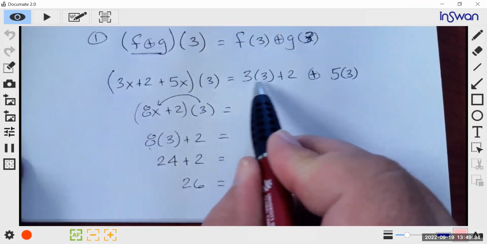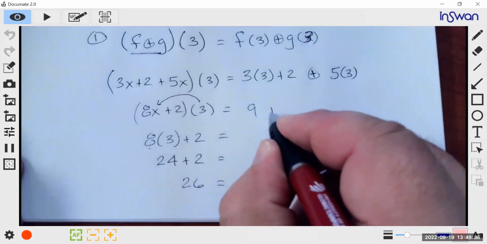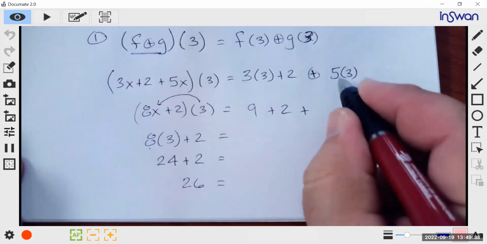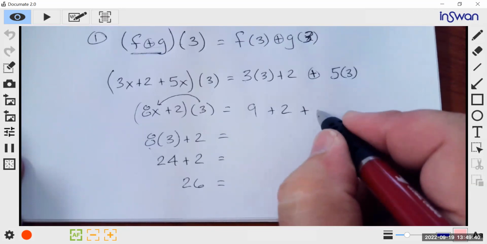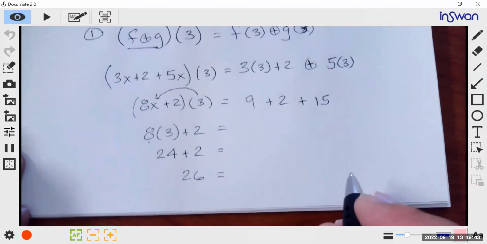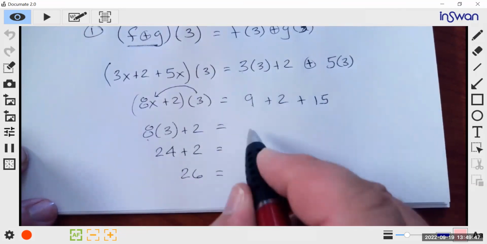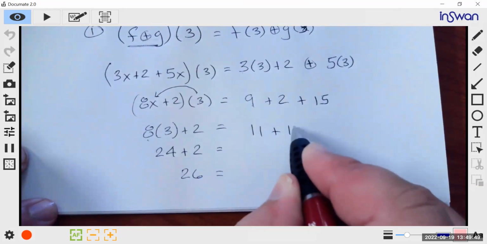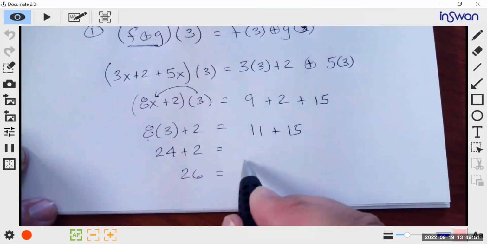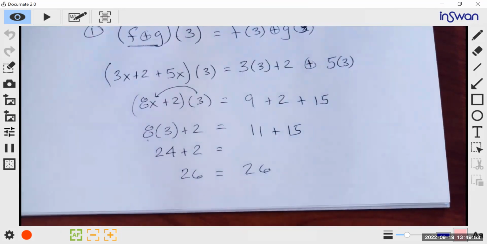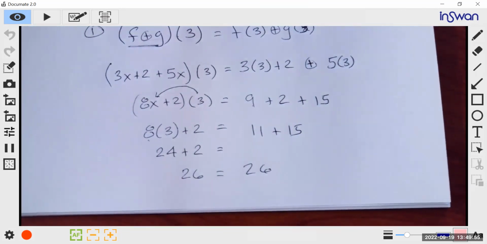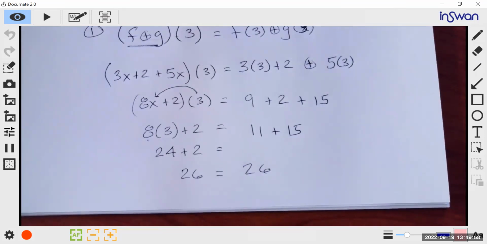So work it out. 3 times 3 is 9, plus 2. 5 times 3 is 15. 9 plus 2 is 11. 11 plus 15 is 26. So that's what it's telling us, is we can either take two functions and treat them both separately and just add the answers together, or add the functions together and then find the answer one time.